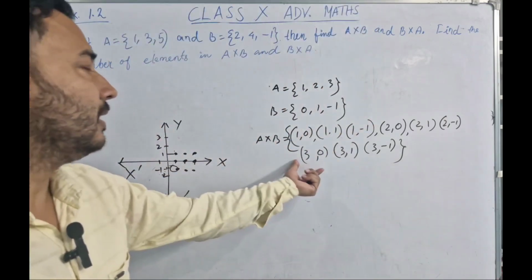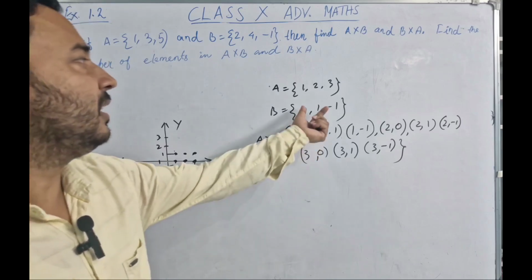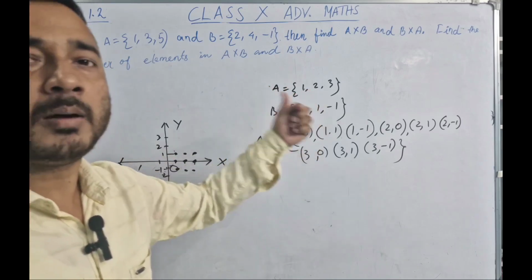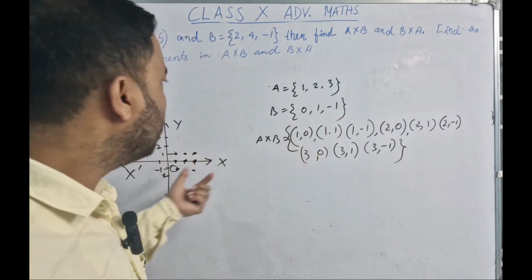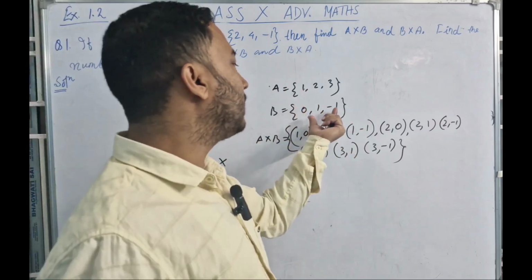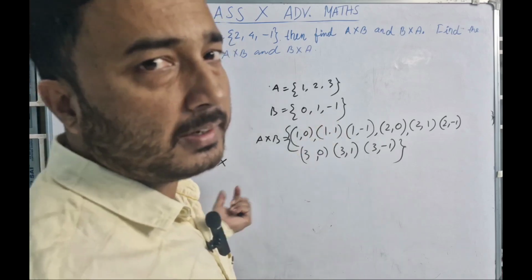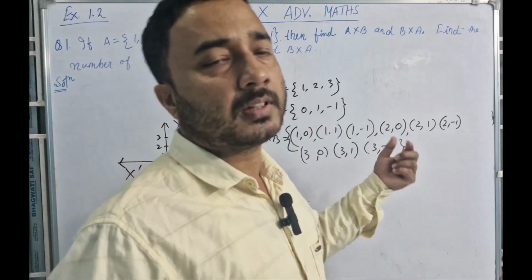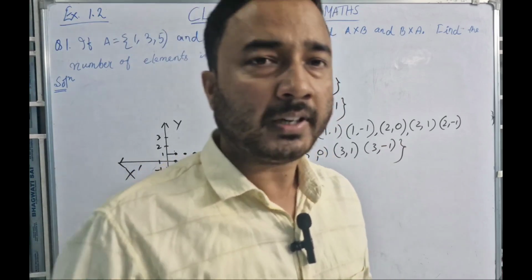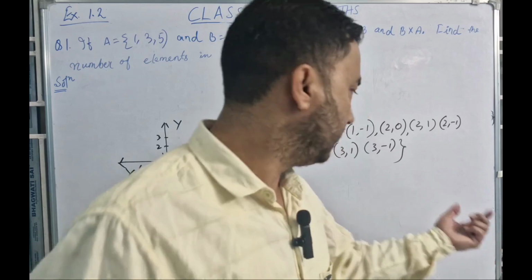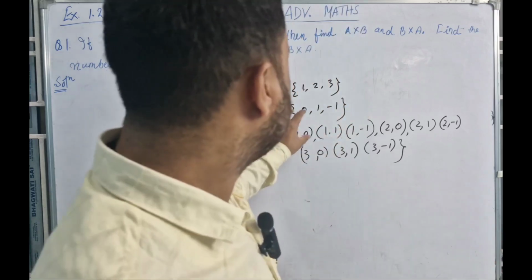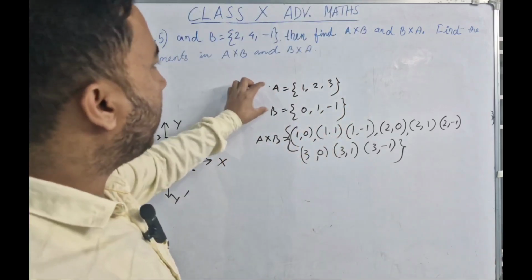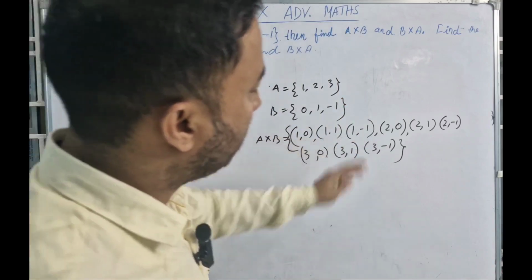A graph is possible only when the elements in the sets are numbers. But if you have alphabets here, alphabets cannot be put in the Cartesian plane. For that case, we will have a coordinate diagram, which will be taught in later classes. So first of all, you have to understand how to find A cross B and B cross A, and this is very easy for you.